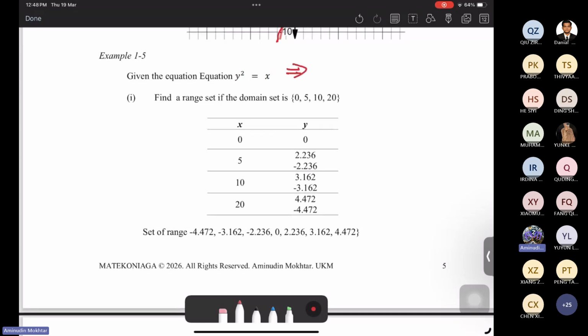This also can be written as y equal to the square root of x.